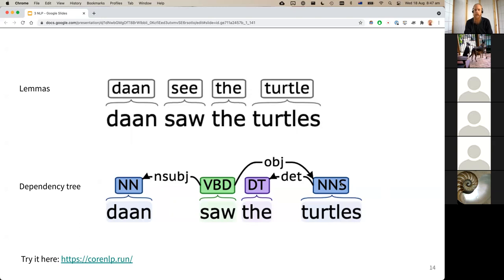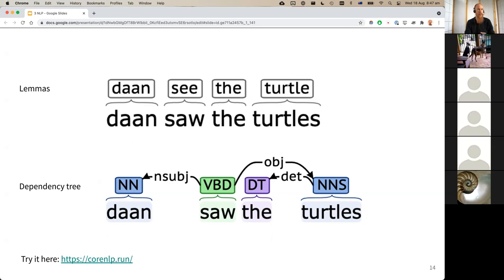And the dependency tree example of this, we have our plural noun, the determiner, the turtles. So the dependency of the turtles, the determiner with the noun. And we have an object modification, saw the turtles. And we have a noun subject dependency here where Dan saw.